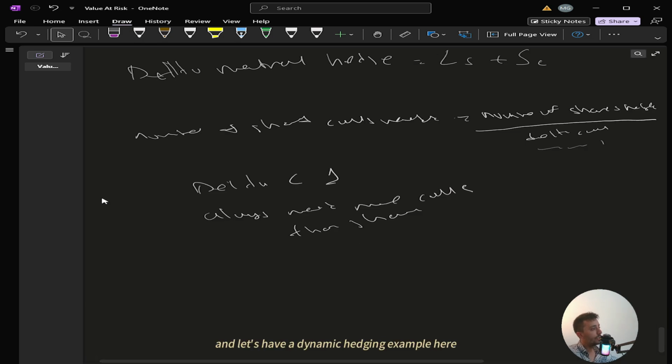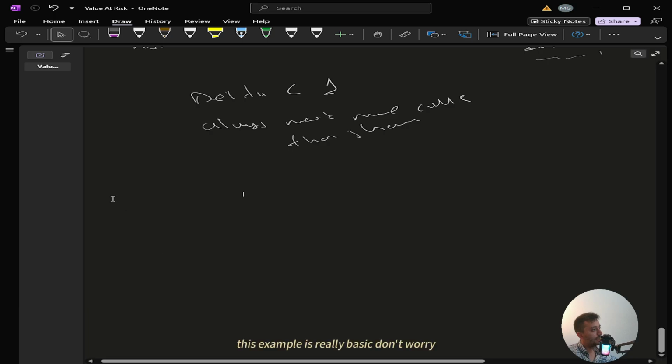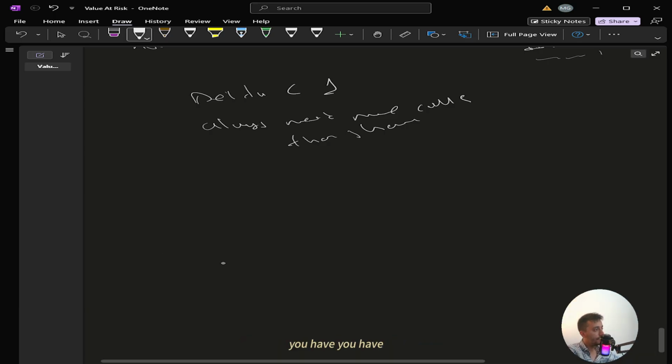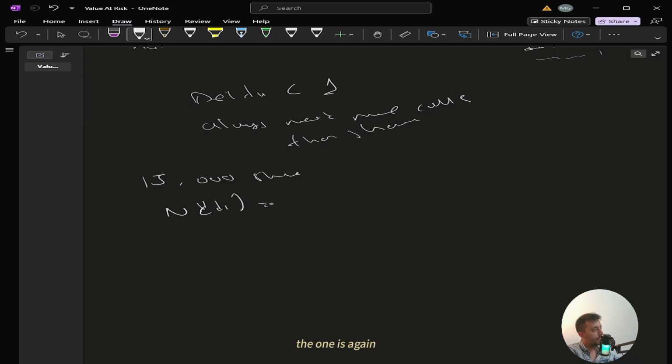Let's have a dynamic hedging example here. This example is really basic, don't worry. You have 50,000 shares. Assume N(d1) is again 0.851.